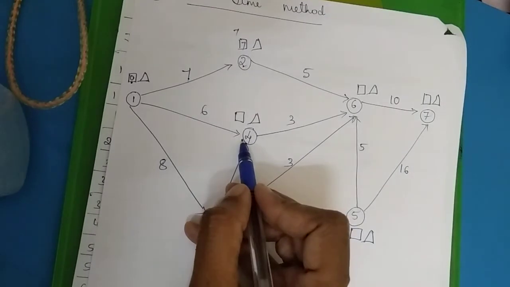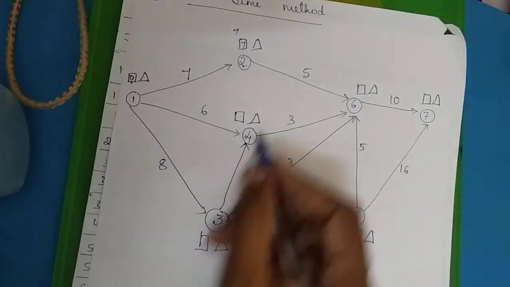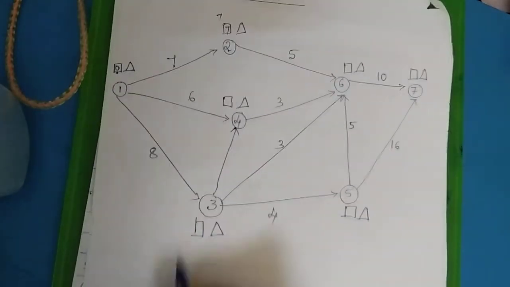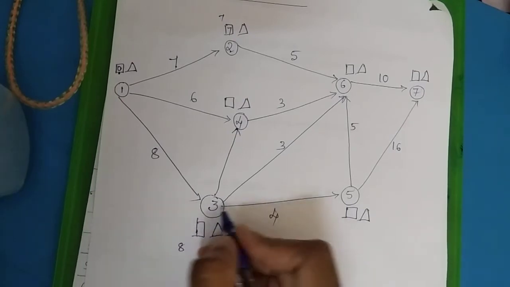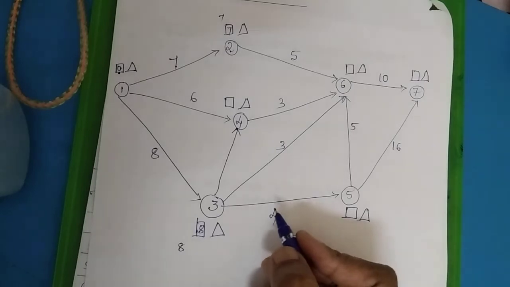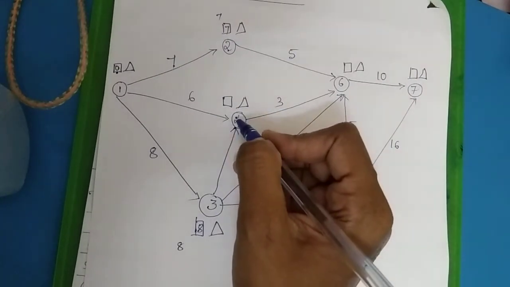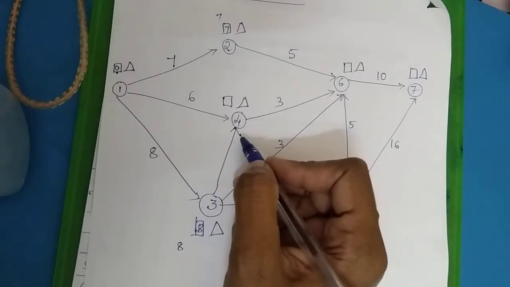So coming down to this particular node, I have to complete this, only then I can go here. So 0 plus 8, only 1 is directed towards this particular node. So I'm making a note of 8 here. So coming down to this particular node, we have two arrows directed towards 4.